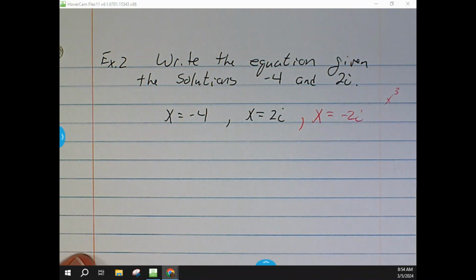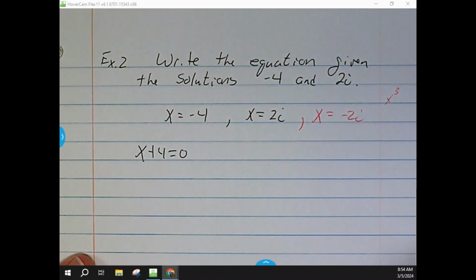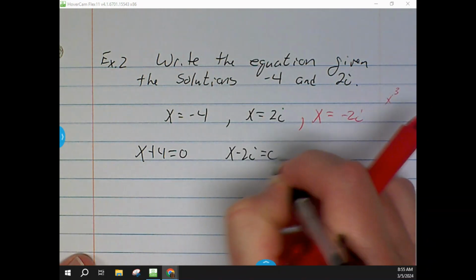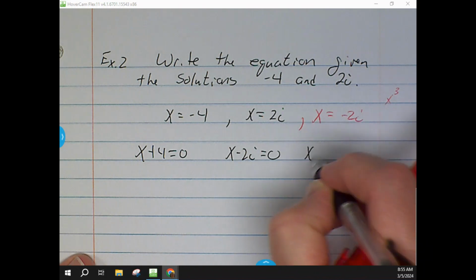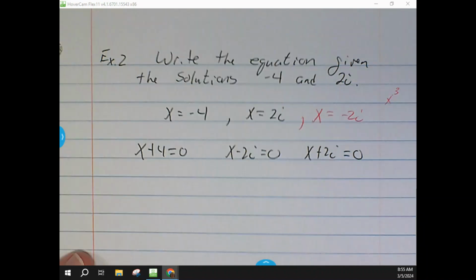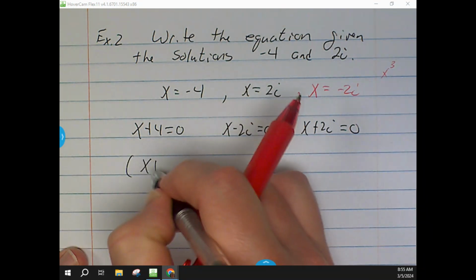Okay, so then rearranging on this one, we'll add the 4 back over here, make that x plus 4 equal to 0. Bring this back over by subtracting it. Bring this over by adding it. Okay, and then bring all 3 of those together.